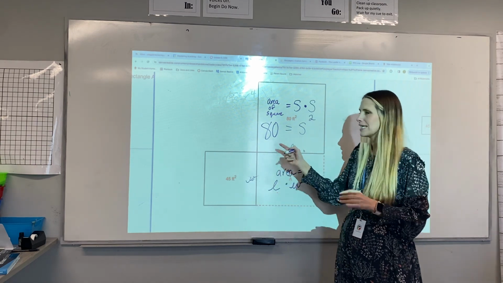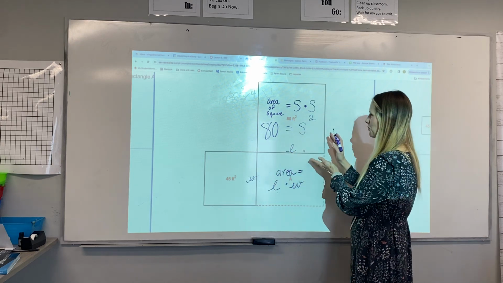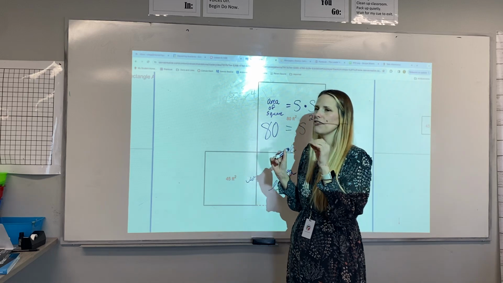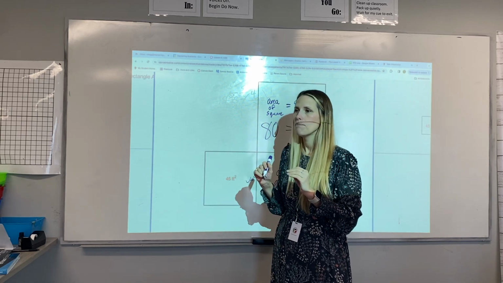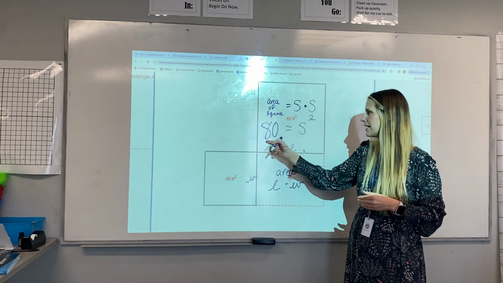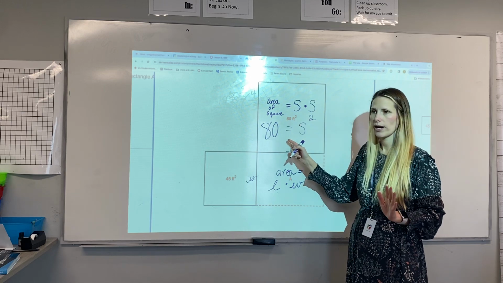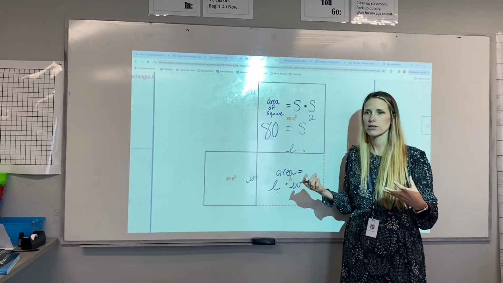So we answer that question, right? We would say that 80 is not a perfect square, even though it looks so beautiful. The definition of a perfect square means that it has a square root that's a whole number. And 80 can be the area of a square, but it just means that the side lengths are not whole numbers.